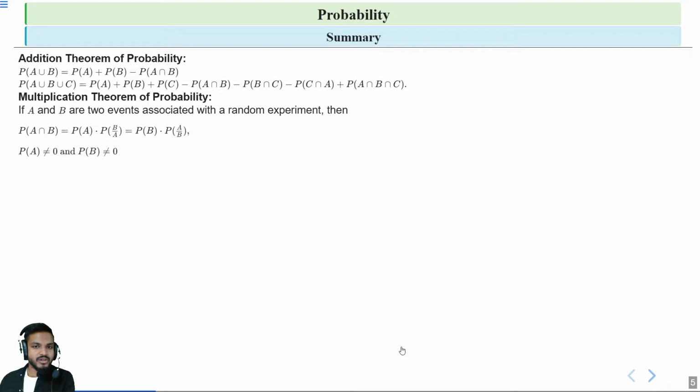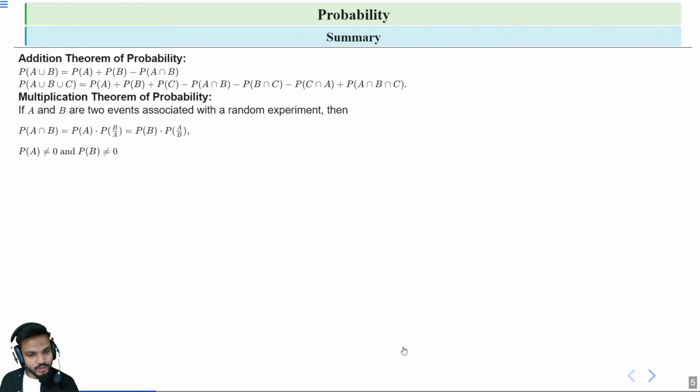If we have two events and we have to find the probability of both occurring, that is, probability of A intersection B, in sequence, just like A is happening then B, then that is given by probability of A into probability of B given A. And if the events occur in the sequence B then A, then it is given by probability of B into probability of A when B has already occurred. Okay, that is the notation of conditional probability. Probability of A given B is a conditional probability.